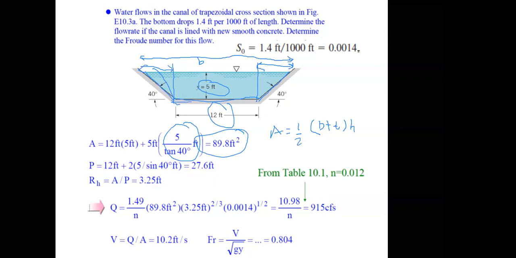Let me use a different color to find the wetted perimeter. This is 12, and this is 5 over sine 40, and you multiply by 2. So this is your wetted perimeter, this part.